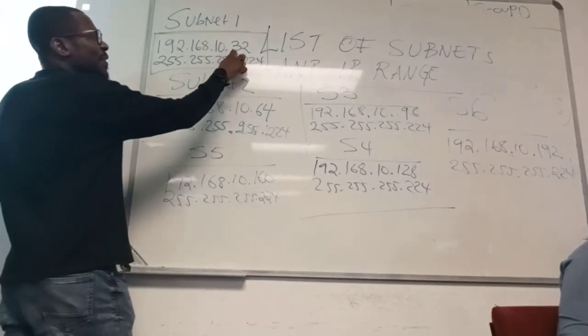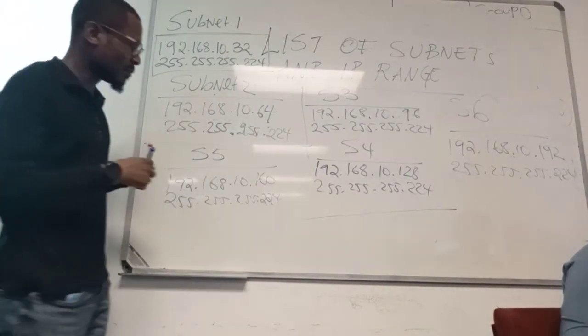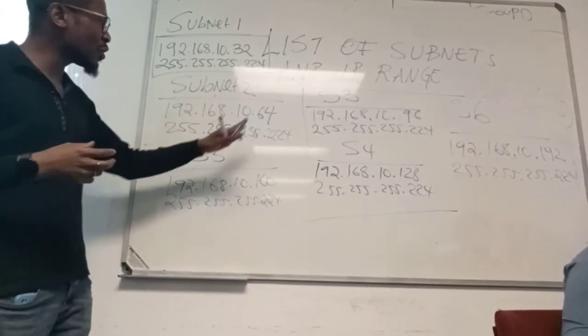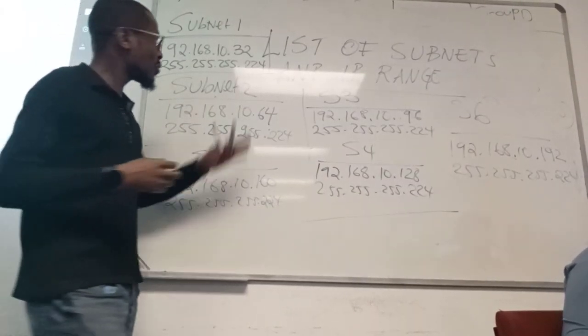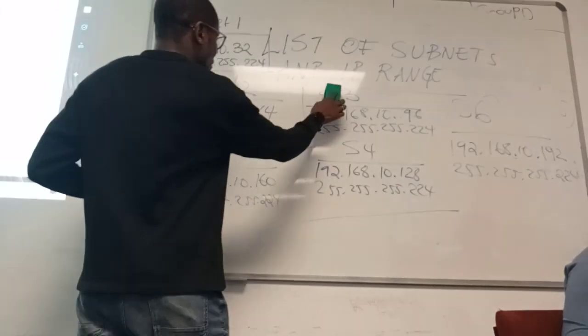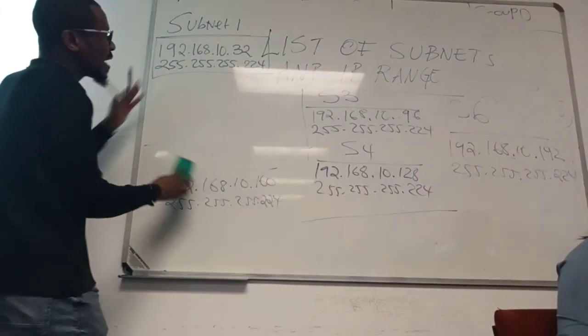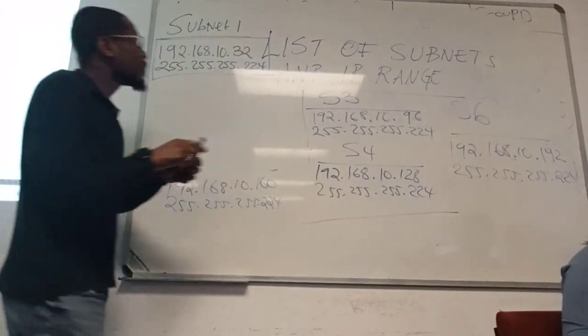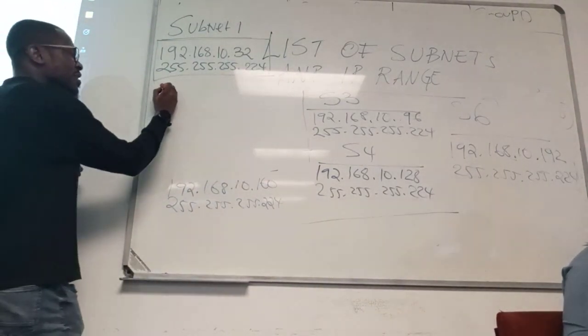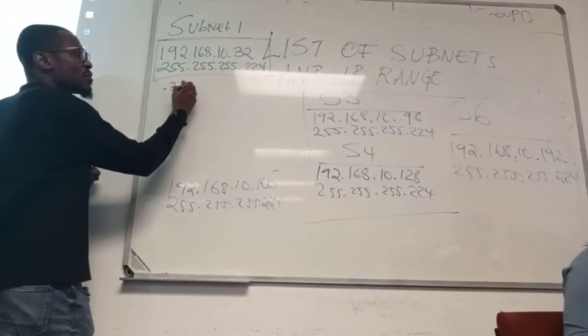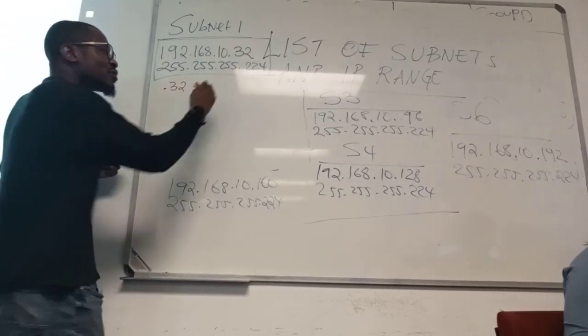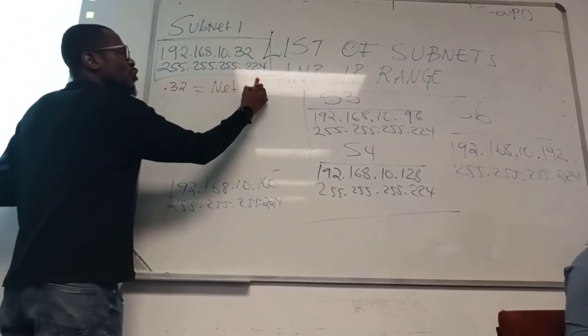Let me write it down. Can I wipe one of the subnets? Okay, let me wipe this one. Let's take this case, right? First IP is what? It's .32. .32 is a network ID. Don't use it.